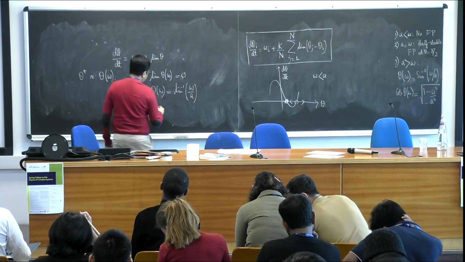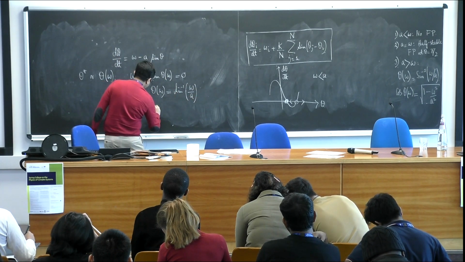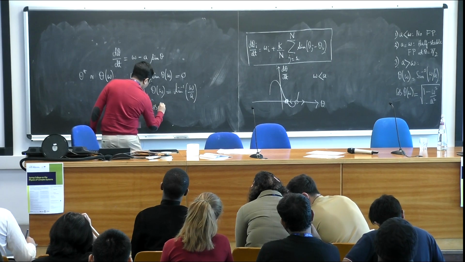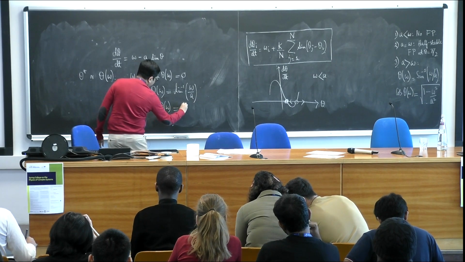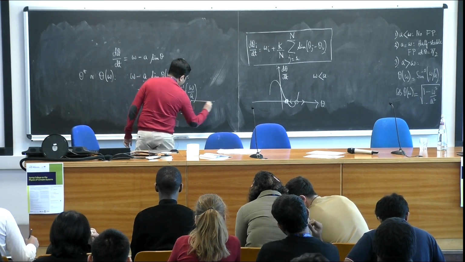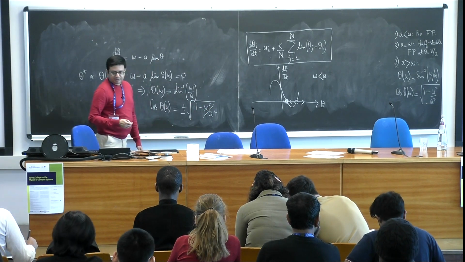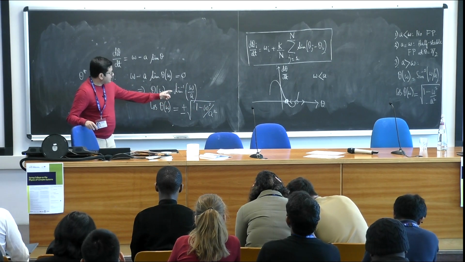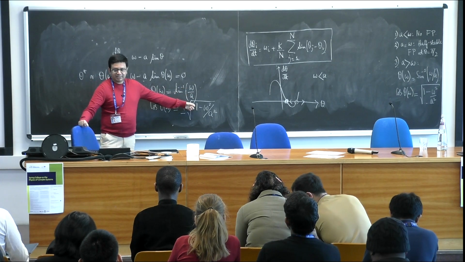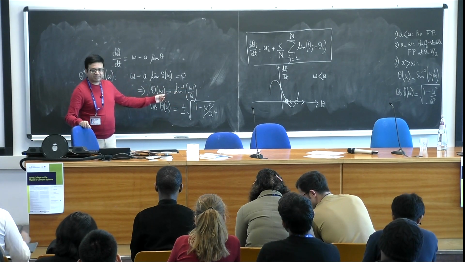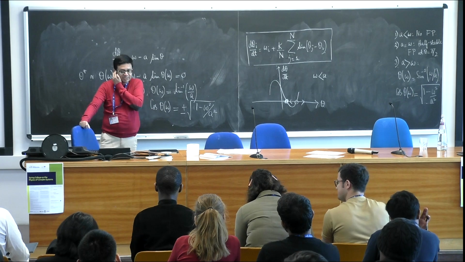But then there can be two such solutions. Given this sine inverse, cos theta omega can have either a plus sign or a minus sign: square root of 1 minus omega square by a square. Clearly you see that if omega is larger than a, then you cannot solve this equation because sine lies between minus 1 and 1.